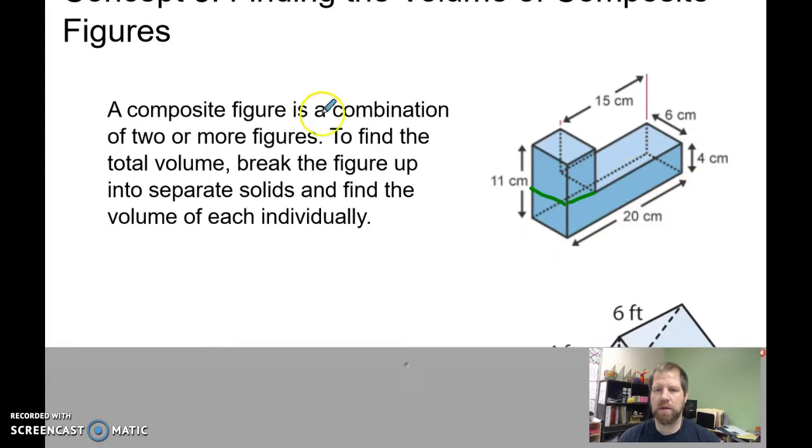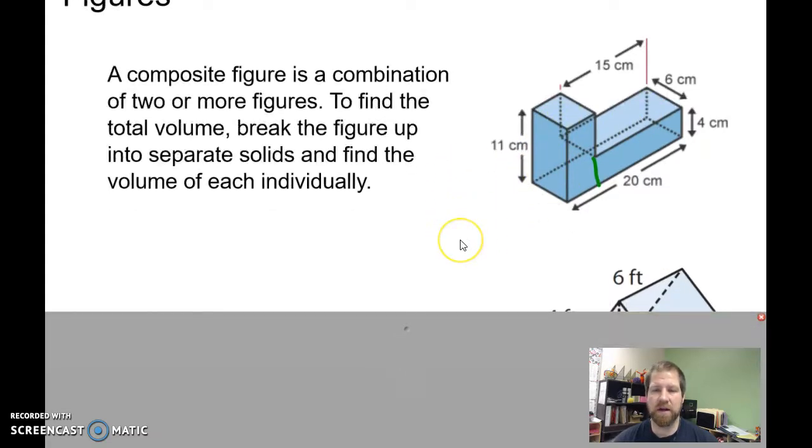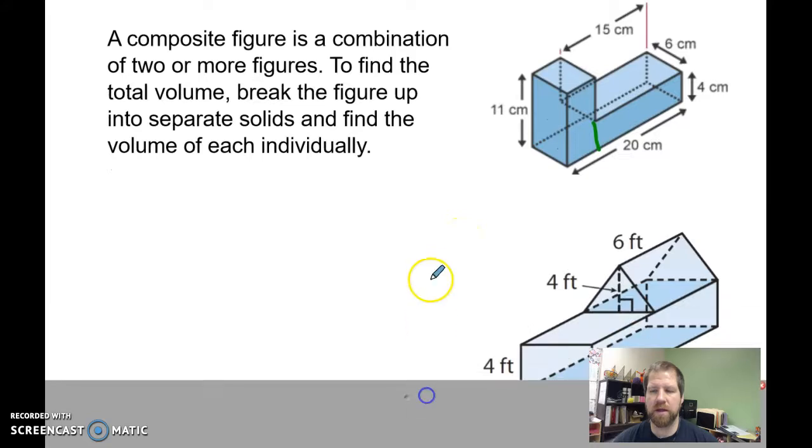I could also just cut it straight down, and then I'd have an upper rectangular prism right here and one lying along the ground that's not as long. Either way will work, but often you're going to get more than one type of solid.